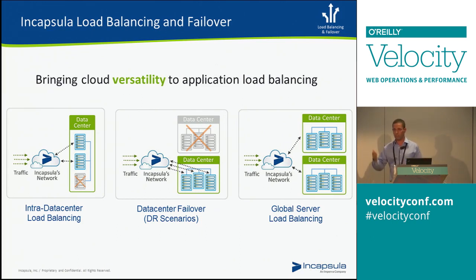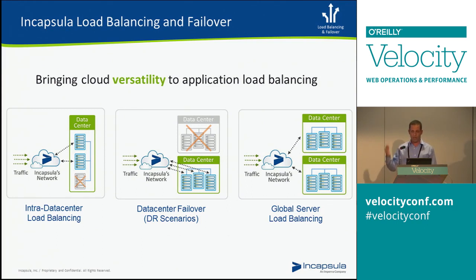DNS was designed to do DNS. It has many limitations in terms of load balancing. It has TTLs. So for example, if your primary site goes down and you want your users to go to your secondary site, the TTLs on many of the caching servers on the way will probably block them from doing that for at least 30 minutes or an hour.